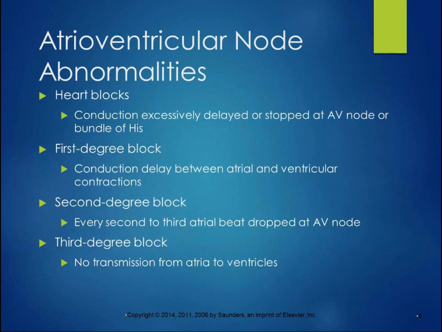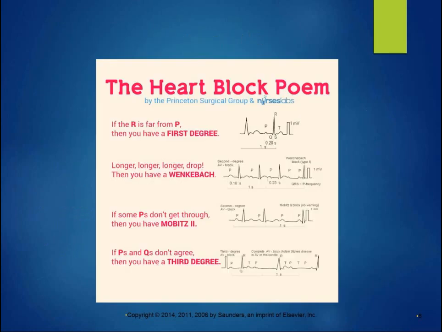Second degree block, every second to third atrial beat is dropped at the AV node, so the ventricles aren't contracting as many times as the atria are. There are two different levels of second degree block. Third degree block, there's no transmission from the atria to the ventricles. So the atria are contracting and the ventricles are not. This is a bad thing, obviously.